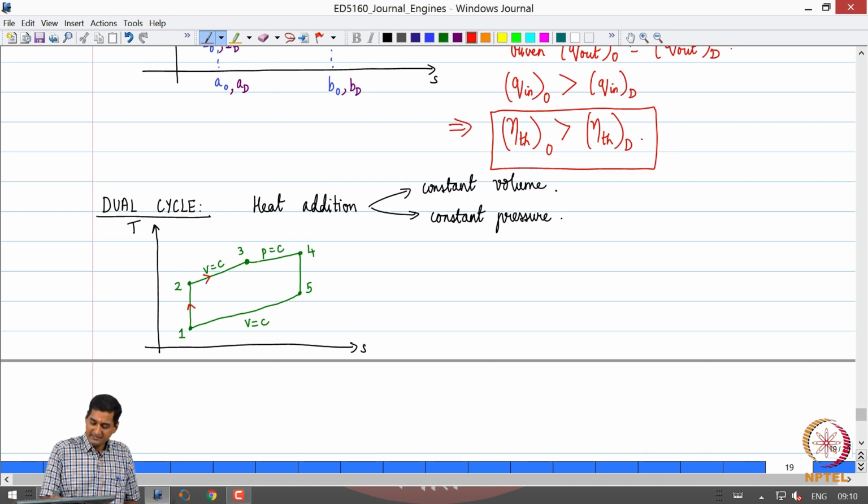You can see that the heat addition process now consists of two sub-processes, a constant volume process and a constant pressure process.